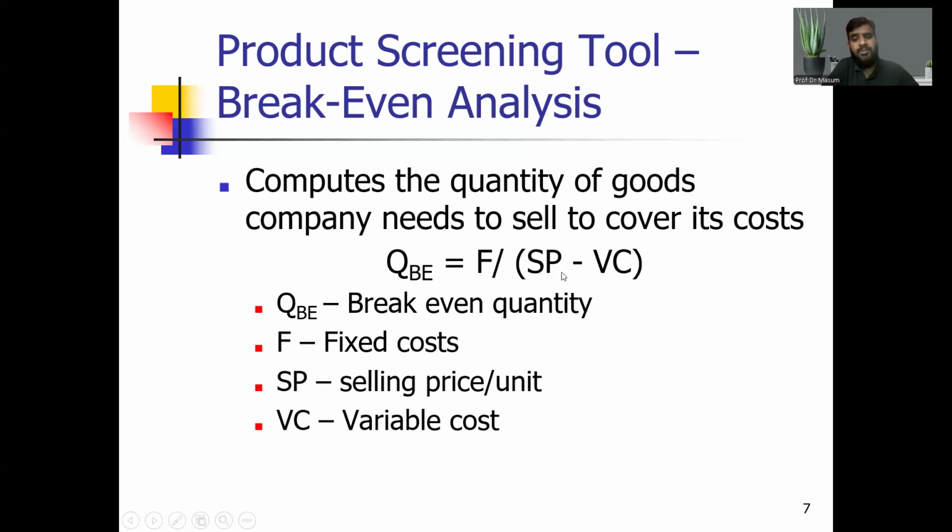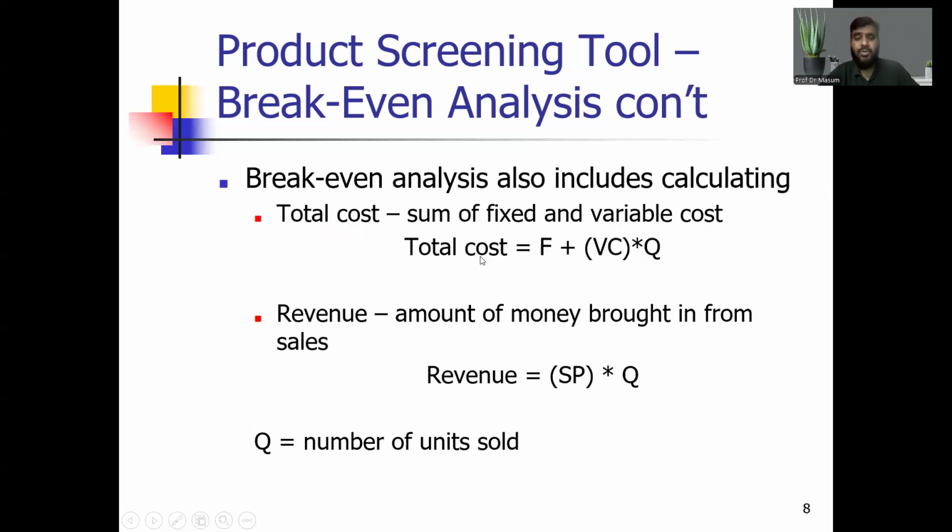Sales price minus variable cost is contribution margin. So if you divide fixed cost by its contribution margin, you will get the break-even quantity. So for the moment, you need three pieces of information: sales price, variable cost, and fixed cost. So go to here.